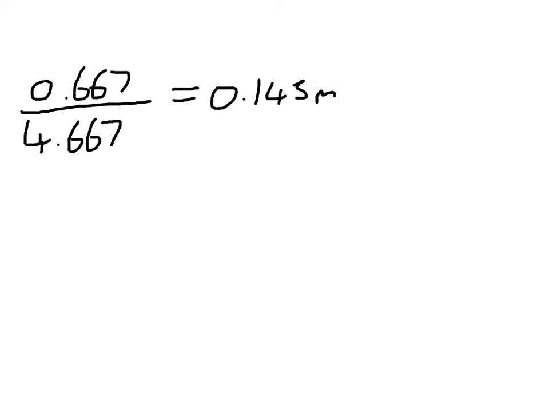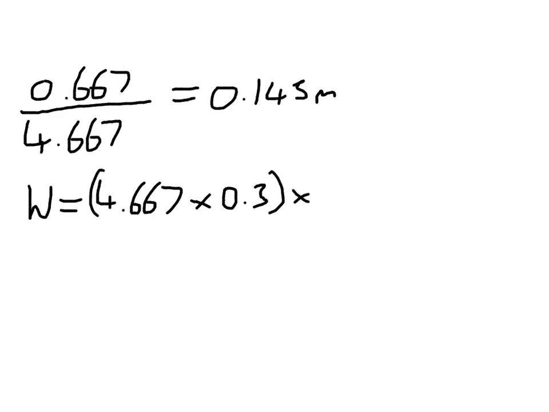Well, first of all, we need to calculate a weight. So our weight is going to equal our mass, but we don't have mass. We've got an area. We've got a thickness of the plate. We've got a density, which is in kilograms per metre cubed. So we've got number of metres cubed here.